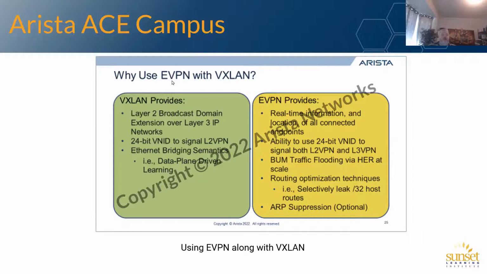We use VXLAN as the data plane. VXLAN will still carry our traffic across, but EVPN will allow our edge devices to know how to reach each other and who's over here as far as MAC addresses, who's over there as far as MAC addresses. So now we really have true layer 2 connectivity across a layer 3 connection. Okay. And again, we'll teach you that in the course.